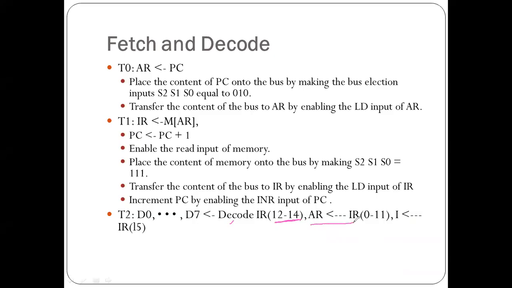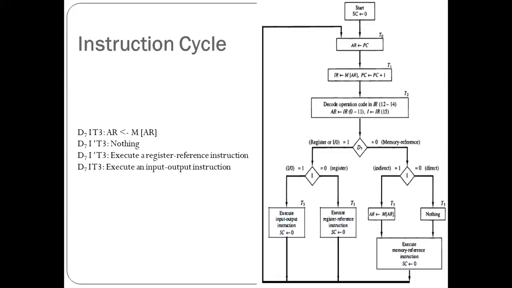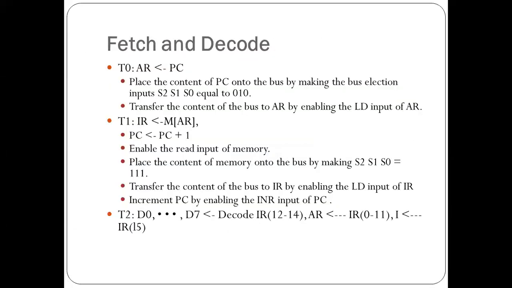And the 12-bit information available in IR, the least significant 12 bits, is copied onto AR, and the I flip-flop is loaded with the most significant bit of the instruction register. So this is what happens in T2, because why do I require T2?